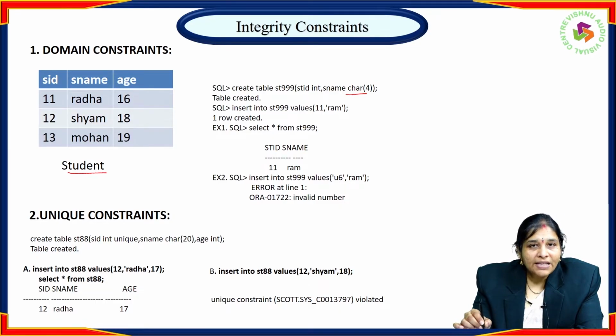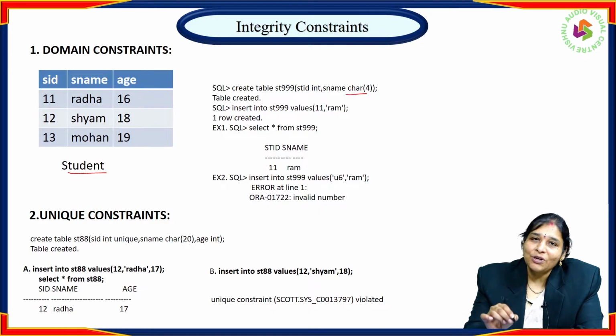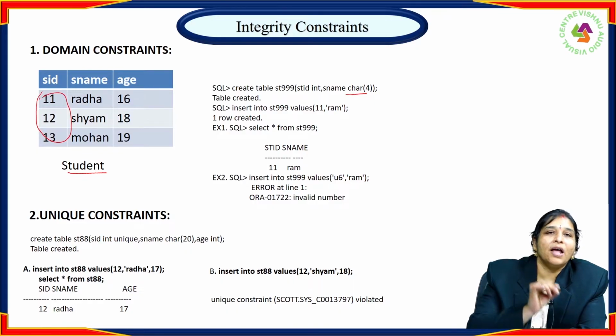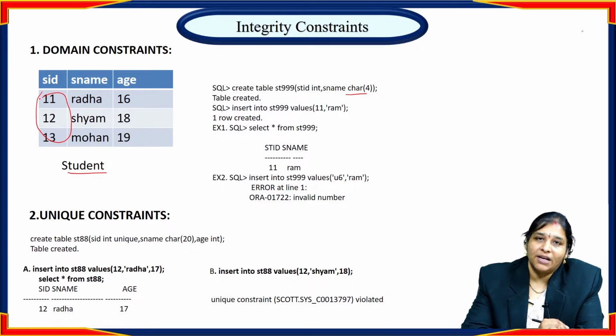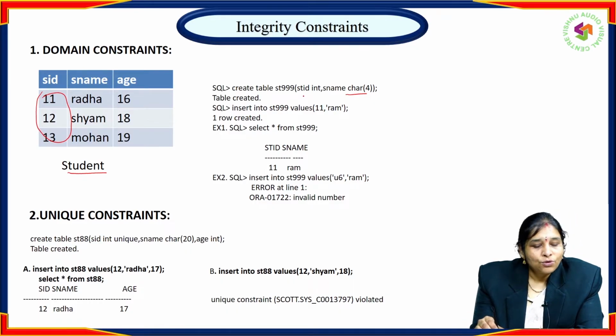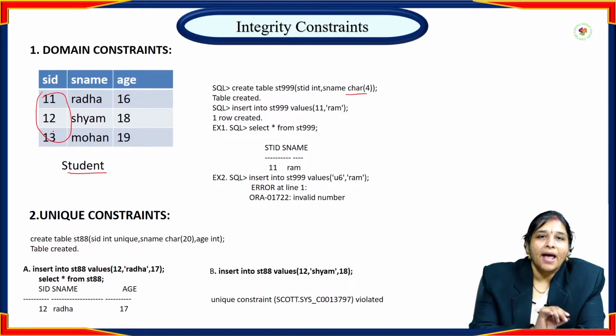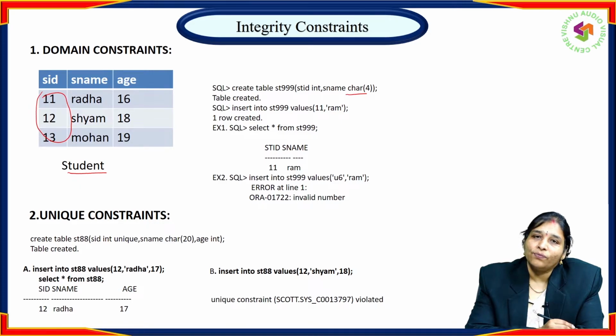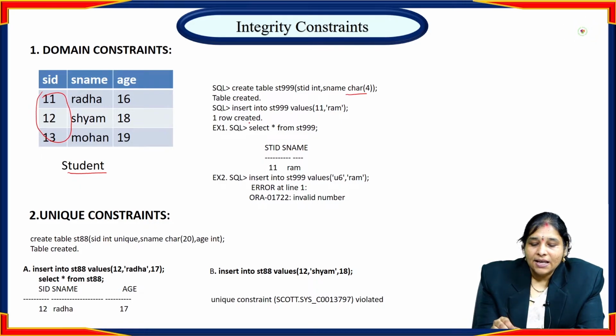The usage of these data types is that it allows the user to enter the legal or permitted values underneath that particular field name. So here for student ID, I have taken integer, and for name, I have taken character of 4. Now, first case, I am trying to insert into student 999 values 11, RAM. 11 is integer type.